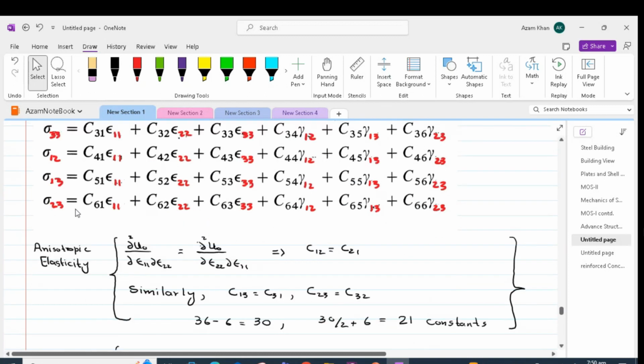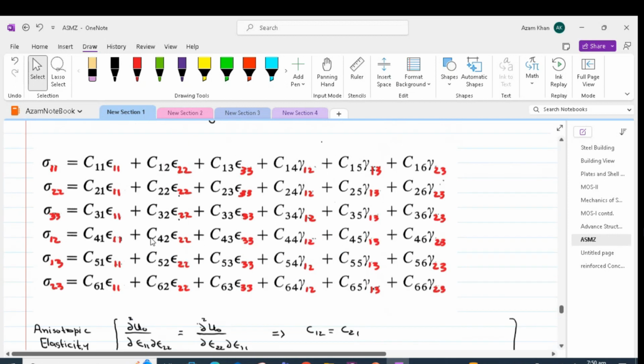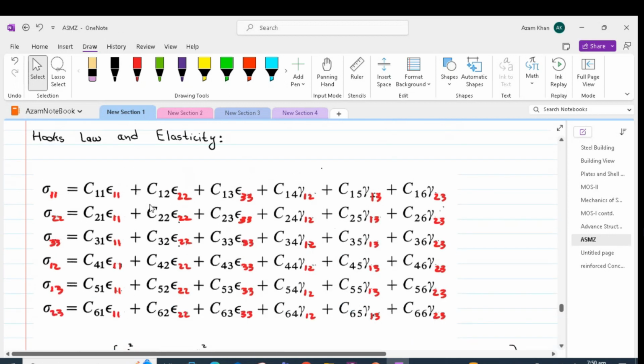Please note that once we differentiate the first equation with respect to epsilon 22, everything will become 0 except epsilon 22. And once we differentiate the second equation with respect to epsilon 11, everything will become 0 except the first term. That will make C12 equal to C21.